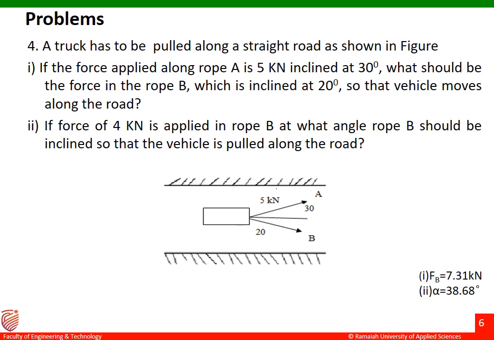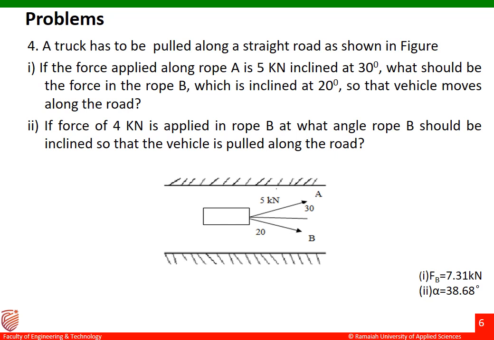If R is along the x-axis, what is the value of force B? The next condition: if a force of 4 kilonewton is applied in rope B, at what angle should rope B be inclined so that the vehicle is pulled along the road?